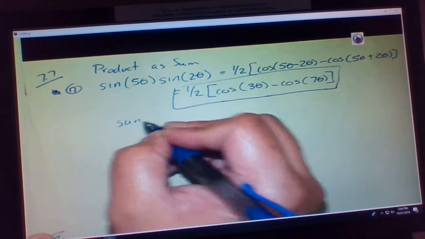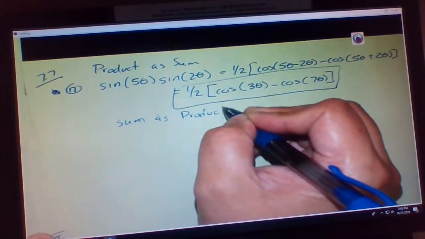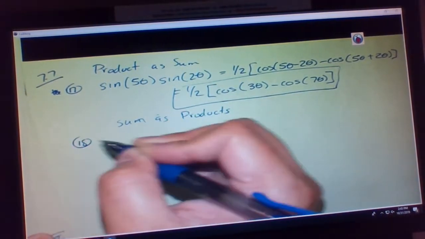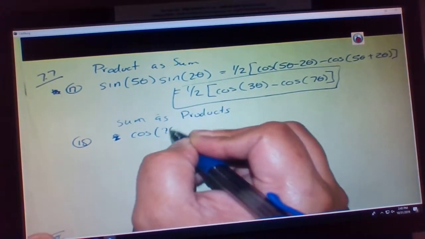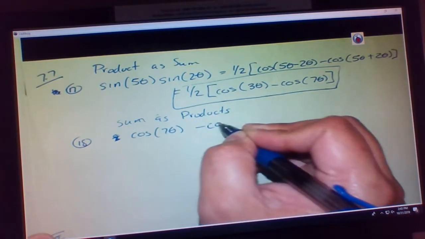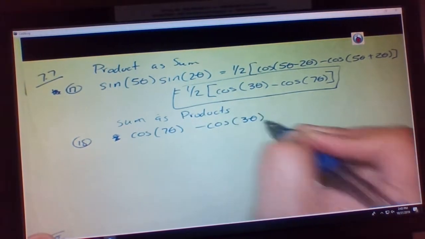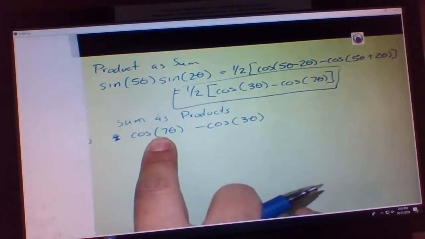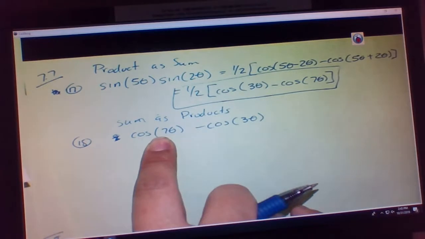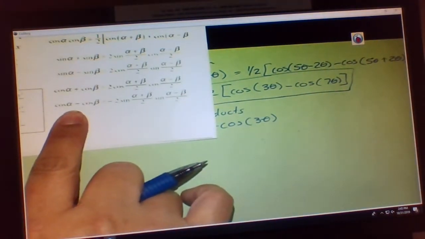Now, sums as products. Cosine of 7 minus cosine of 3. So which one has a difference of cosines? This one, the last one.